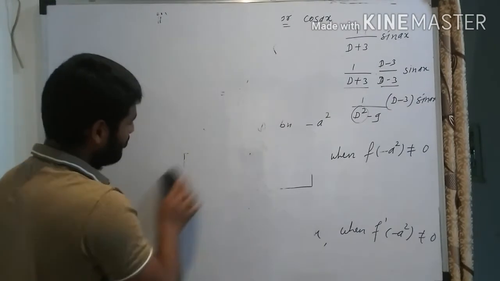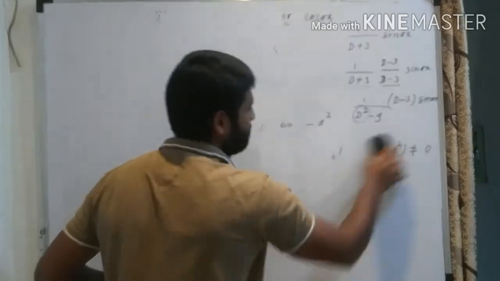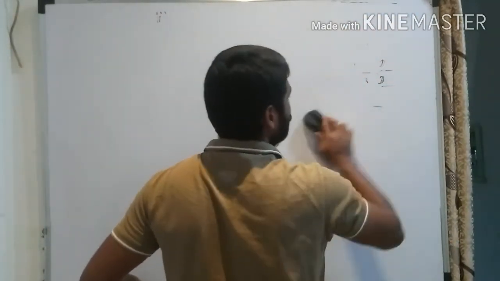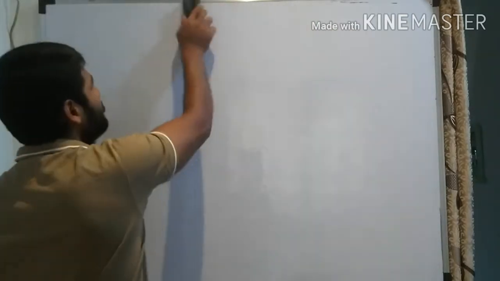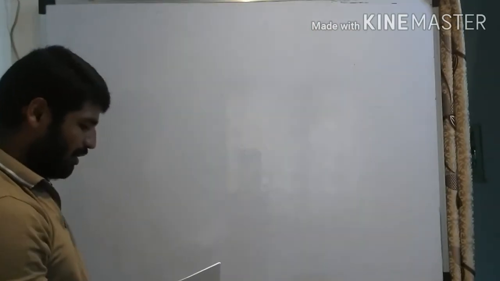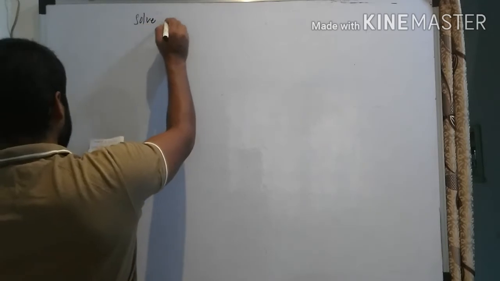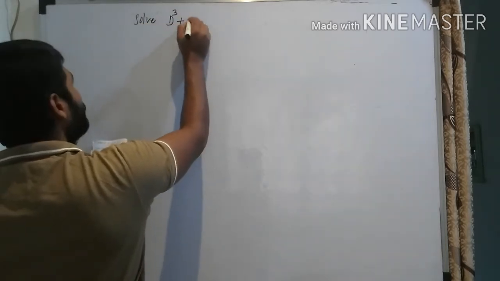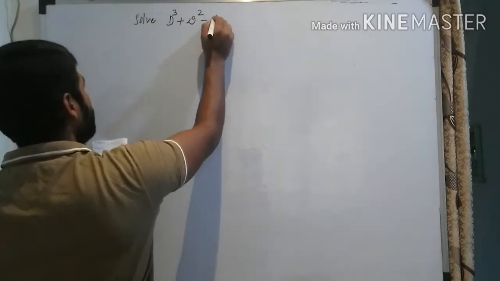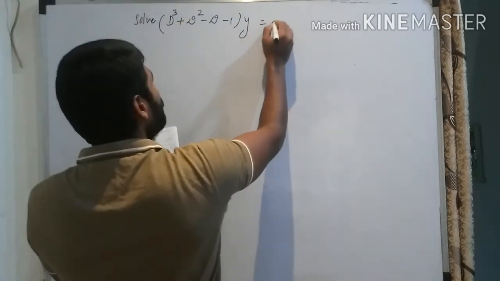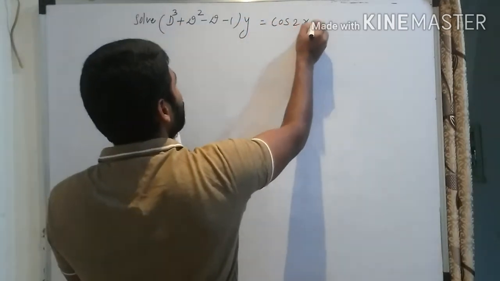Now we see examples depending on this method, when capital X is sin x or cos x. See the first example. Solve d cube plus d square minus d minus 1 into y is equal to cos 2x.